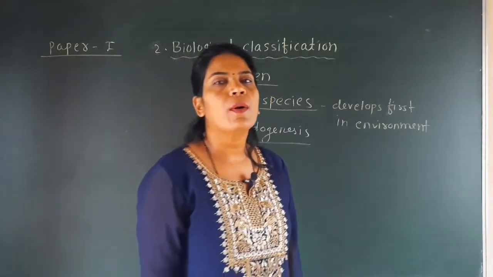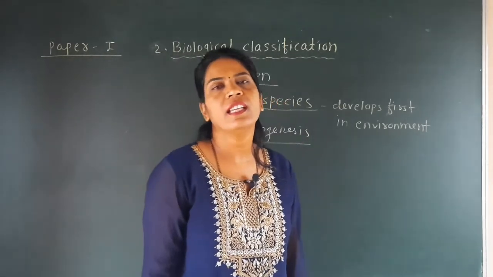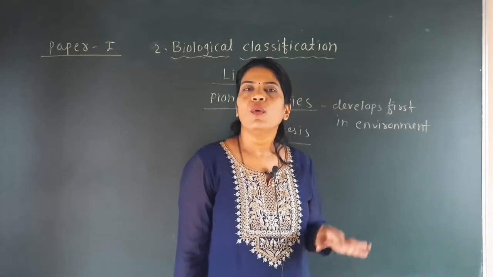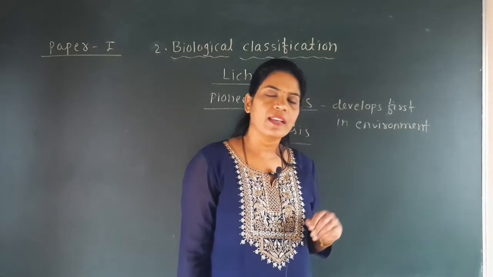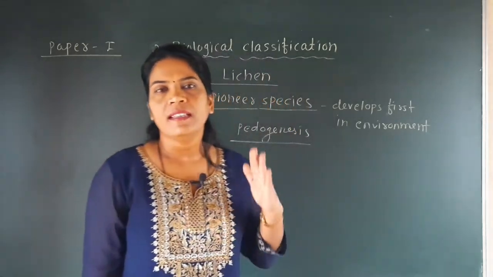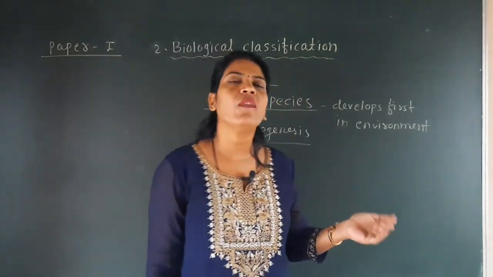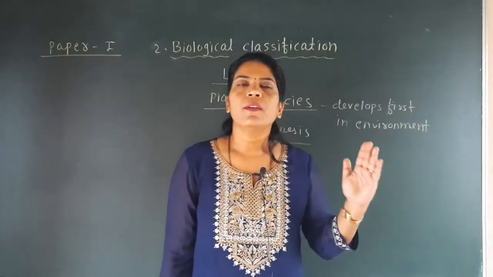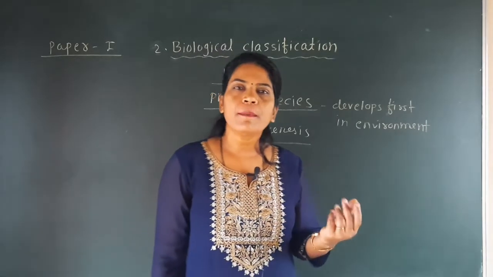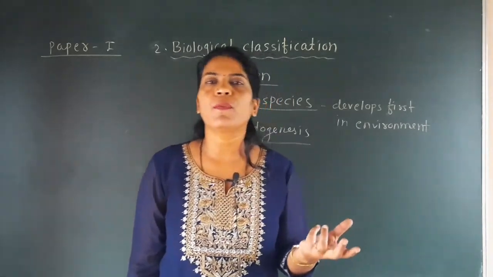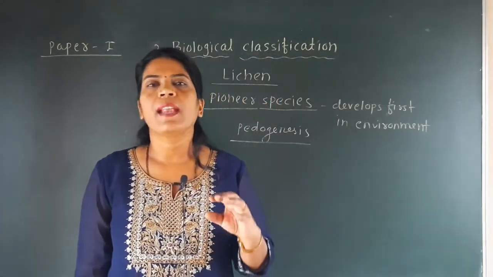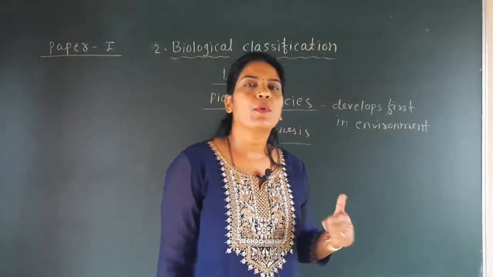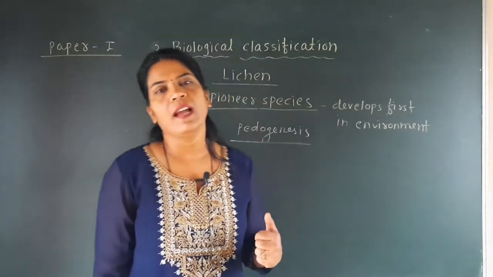Okay, so this is the extra information that we have discussed about the lichen. But in NCERT only 3 lines are given: lichen is an association of algae and fungi. Algae is autotrophic, fungi is heterotrophic. Symbiotic association means algae prepare food for the fungi, and fungi absorb water and minerals from the soil and provide them to its partner, the algae.